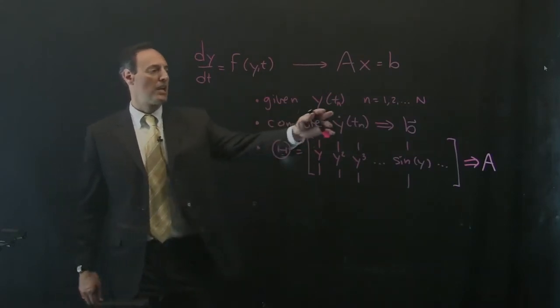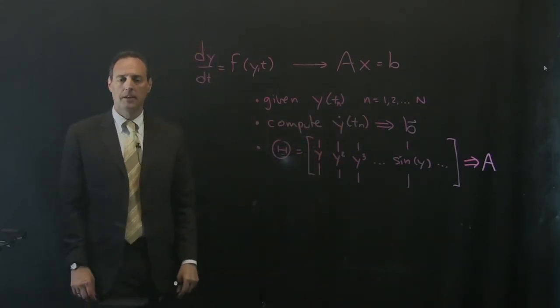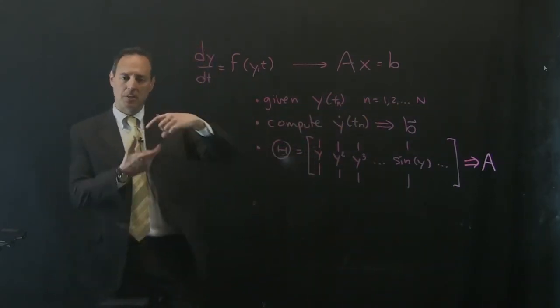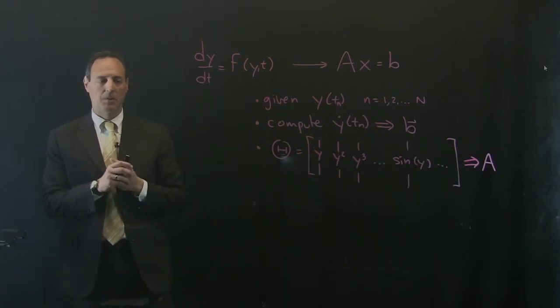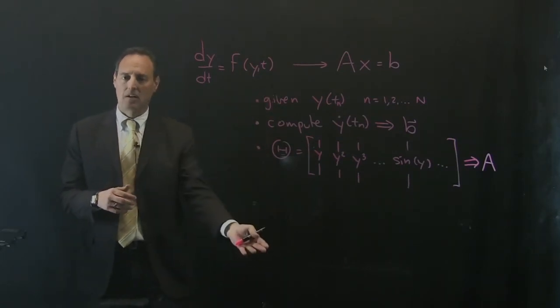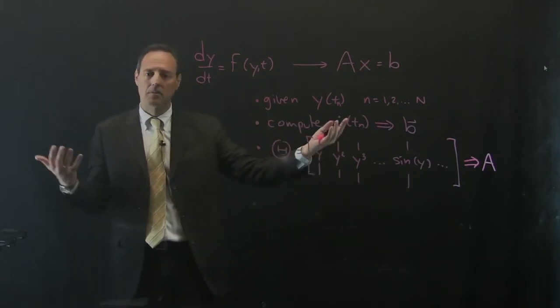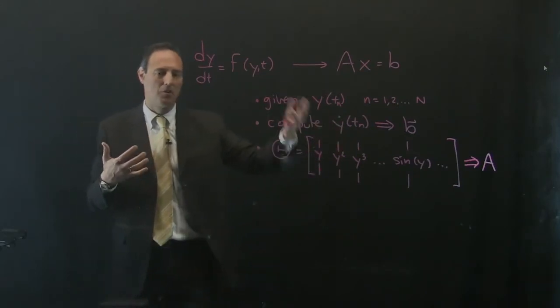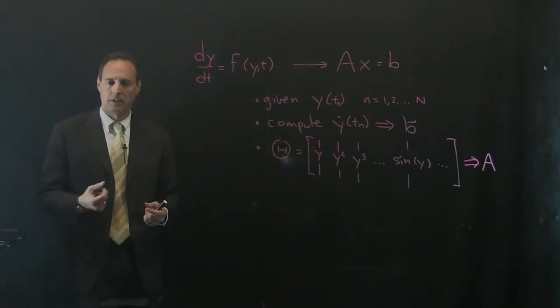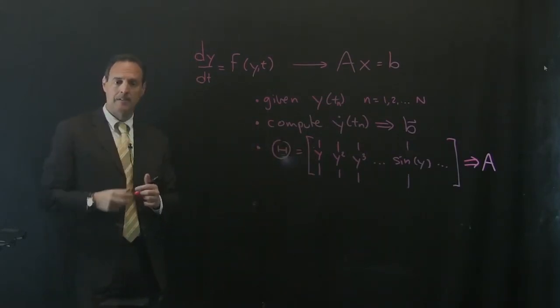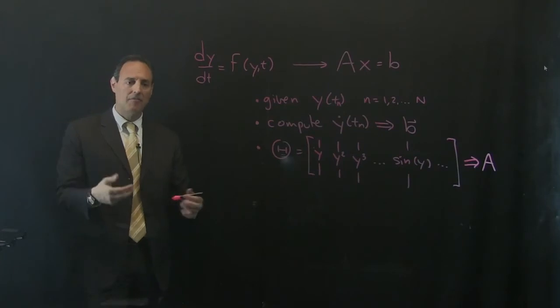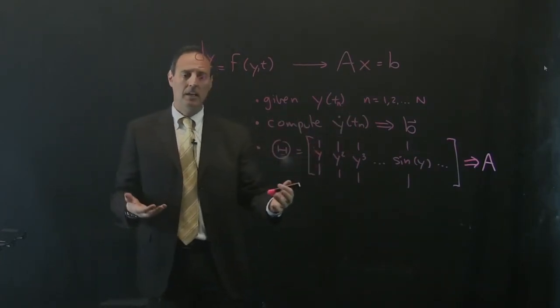So generally, I take a lot of measurements. Okay? So generally, this is going to be a tall, skinny matrix, because I'm going to take maybe 10,000 measurements in time, and maybe I have 100 library elements. Okay? So this would be 100 by 10,000. Okay? Tall, skinny matrix.